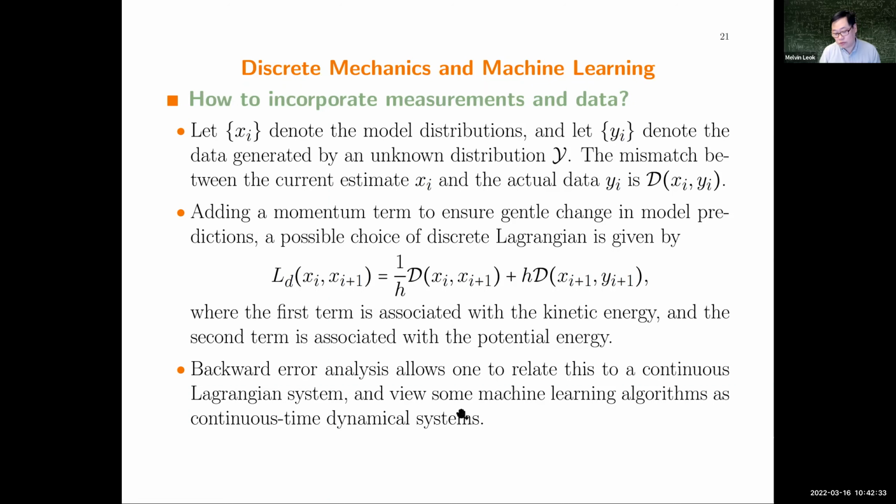So you can view this class of learning algorithms as a continuous time dynamical system. That's something speculative which we haven't delved into as much as we would like, but Nikolai brings up an interesting question about to what extent this is exactly inducing Bayes' rule or something which approximates it.